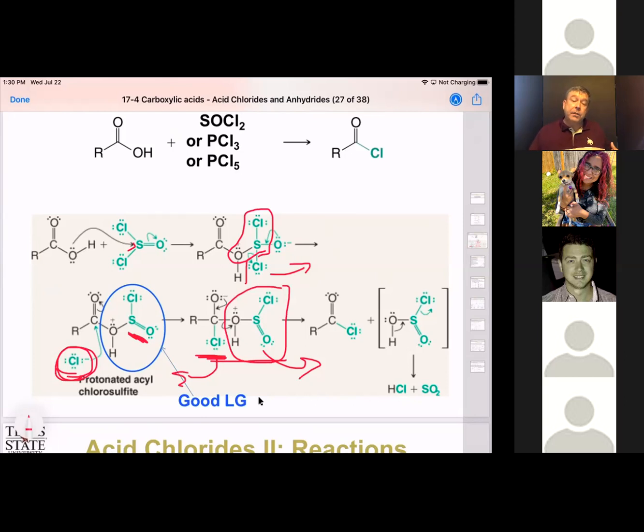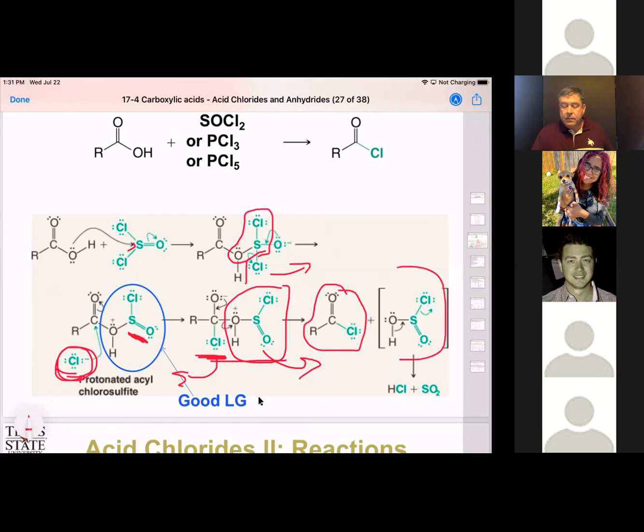Whenever you have the option of losing a neutral species or a negative species, you typically lose the neutral species. So that means these electrons can kick in, regenerating our carbonyl group and having the chloride on here.